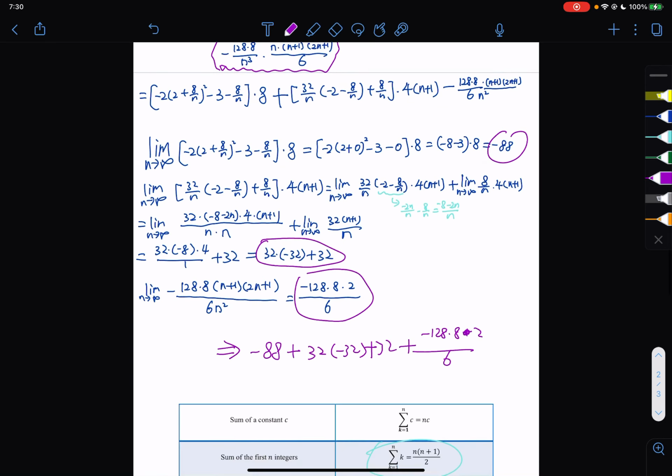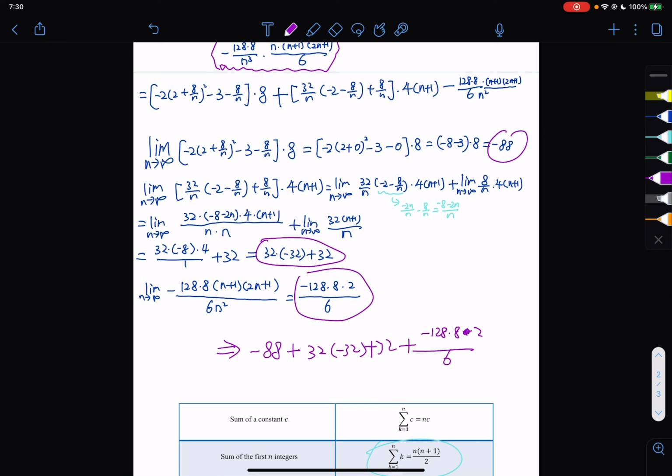And you can see this answer clearly is going to be negative. So I try to mention it one more time. It does make sense if you have the net area, the definite integral, to be negative, because area values could be below the x-axis. In the definition of net area, it's going to be considered as negative. Hope it helps you to understand the Riemann sum idea a little bit better.